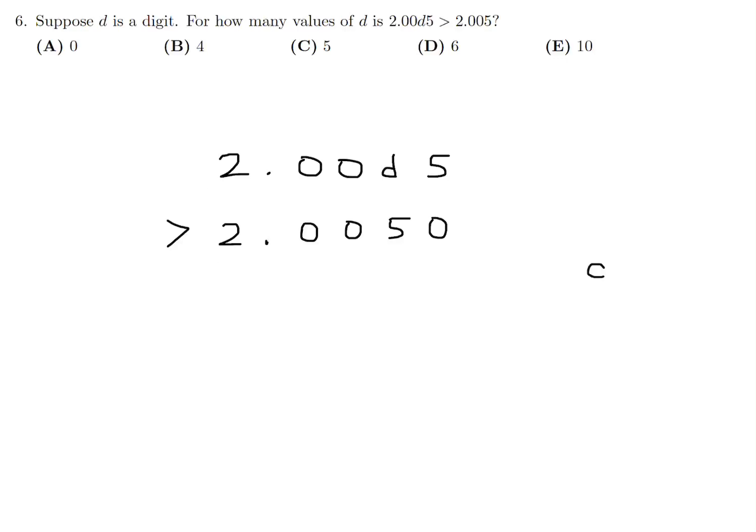That can happen when D is equal to 5, 6, 7, 8, and 9. Because if it's 0, 1, 2, 3, 4, it would not be greater than that number. So how many values of D? 5 values. And therefore number 6, the answer is C.